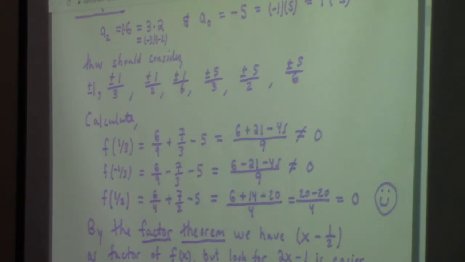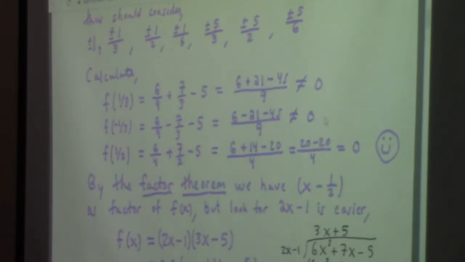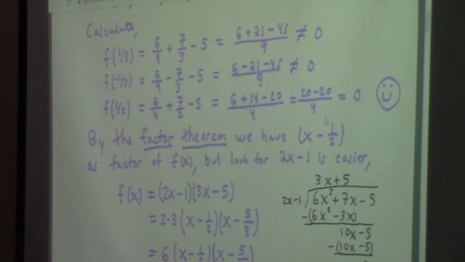Those are non-zero. And then I tried a half, and I was like, woohoo! So we found that. I found half first as well. And then once you find one, you can stop checking, right? Once you find one, then you can factor that out, and it should narrow your search. If it's a quadratic, once you've found one, that's kind of all you need, right? Because once you find one factor, it forces the other one to be whatever it is, practically.